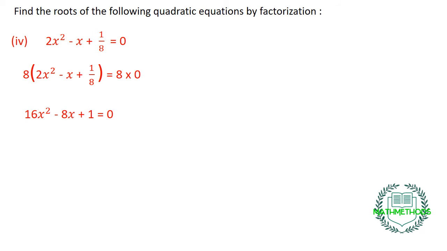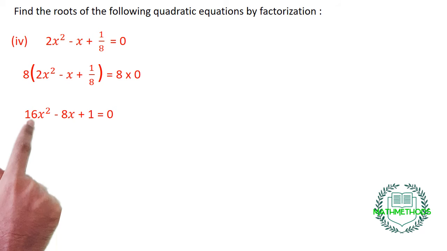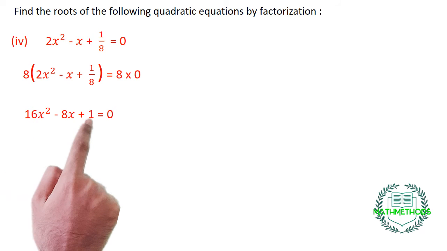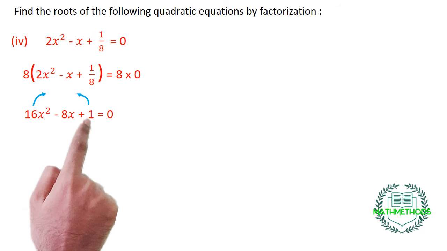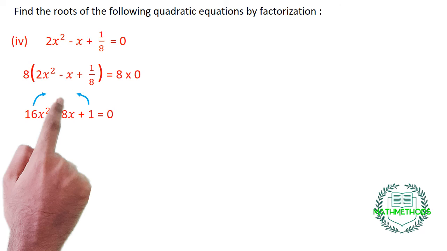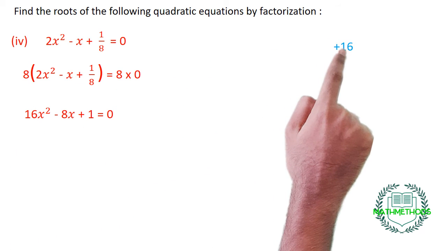Now in order to factorize the equation, multiply a, that is 16, by c, that is plus 1. 16 multiplied by 1 we get plus 16. Write plus 16 separately here.